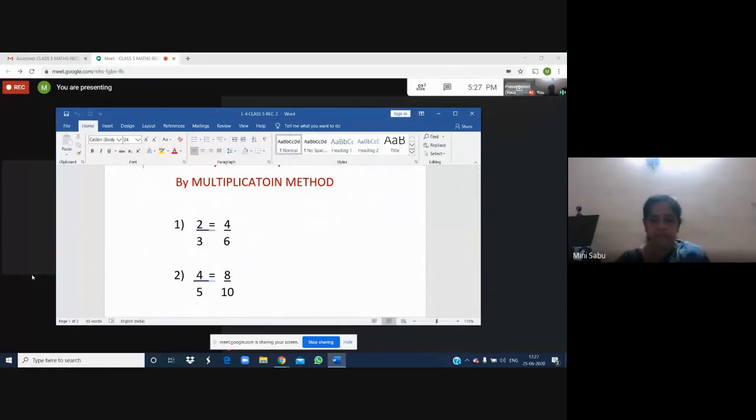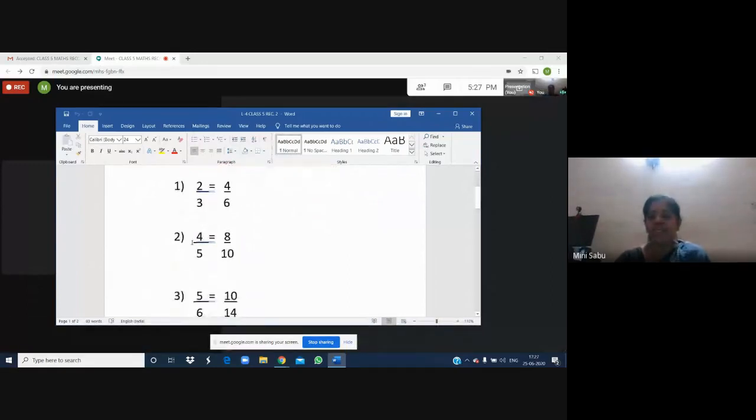Now coming to the next example. I have written 4 by 5 is equal to 8 by 10. You have to check whether I am correct or not. How do you check? First, we have to find out the relationship between 4 and 8 here.